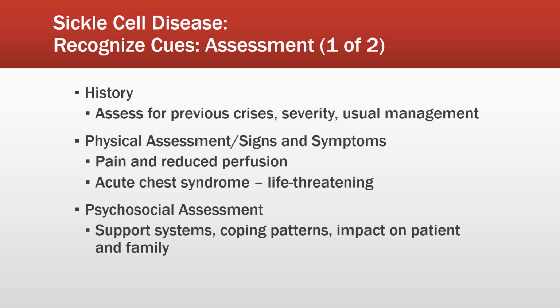What impact does this disease have on the patient and on the family? You may want to talk to the patient and see if they're depressed, if they're anxious. This is a painful, life-limiting disorder. So you're going to find out, if you're able to get the patient to talk, how is this affecting their lives?